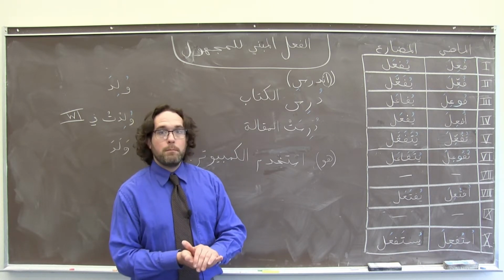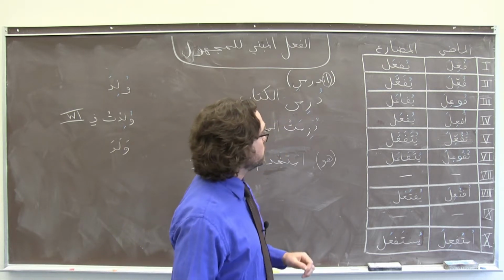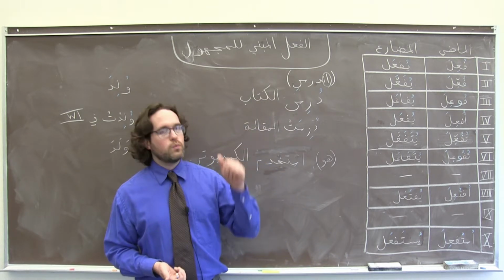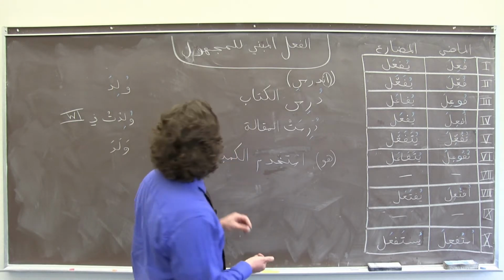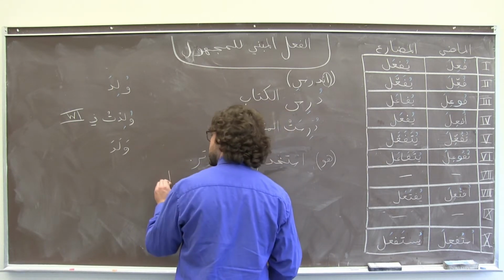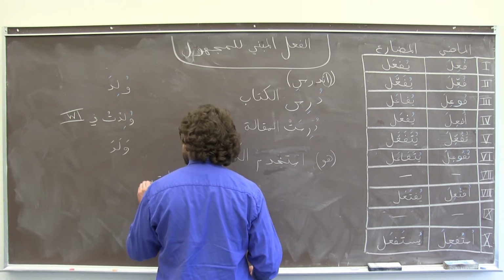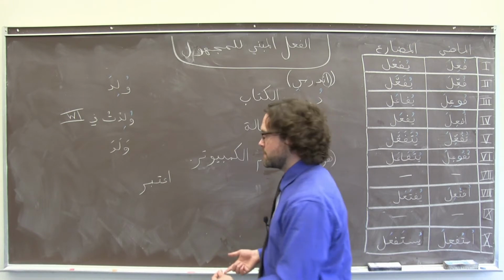Let's look at a couple more examples. In the present tense, there's a verb in Form 8 that you hear kind of like wulida very, very often in the passive voice. There's a verb i'tabara, which means to consider or to believe to be something.